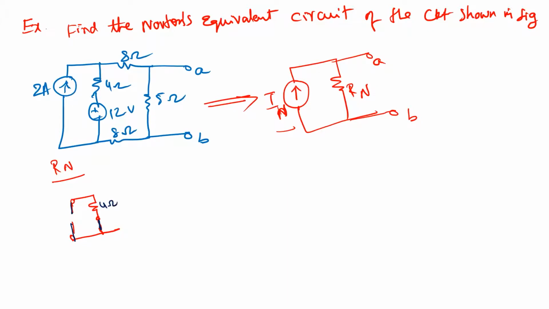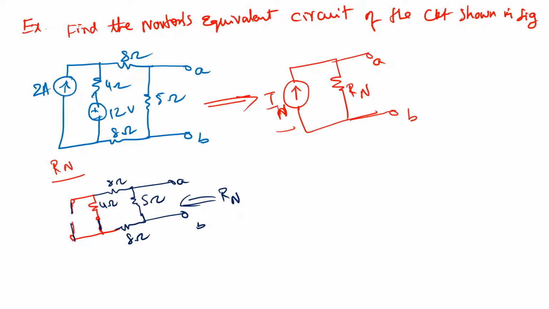Then there is an 8 ohm, a 5 ohm, and an 8 ohm resistor. So this is our A and B, and this is the total resistance we are going to find.